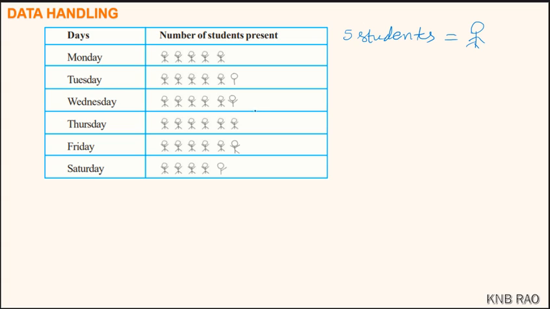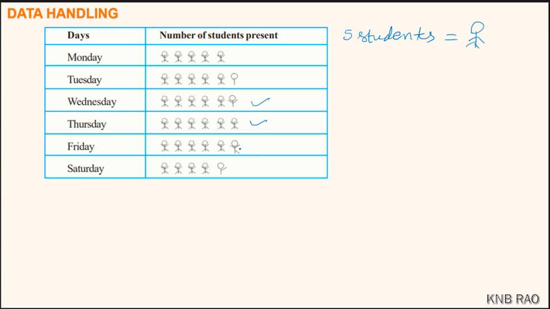Likewise, we will have Wednesday representing 5 plus here 3. So, 25 plus 3, with that we can say 28 students are represented on Wednesday, and on Thursday we have a total of 6 full symbols used because 30 students.